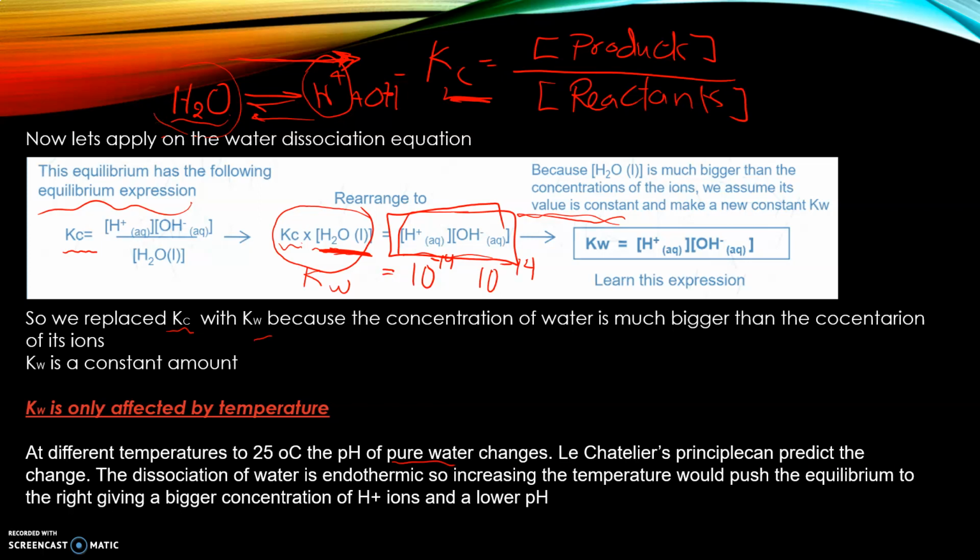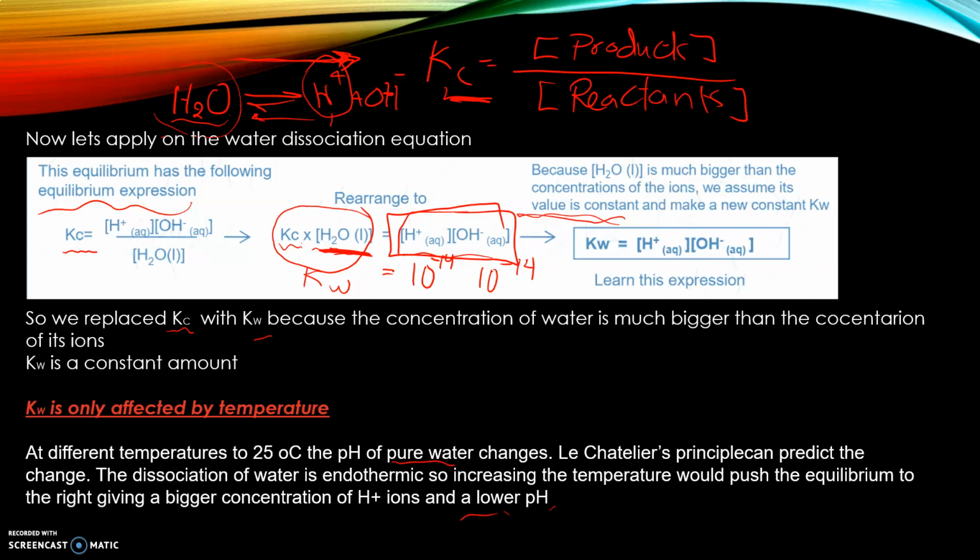And if you decrease the temperature, you will lower the concentration of hydrogen, which will increase the pH. Again, if you increase the temperature, the reaction will go forward, making the concentration of hydrogen more, and if you make the concentration of hydrogen more, this lowers the pH. So now you have learned that the only thing that can affect the dissociation constant of water is the temperature, according to Le Chatelier's principle.